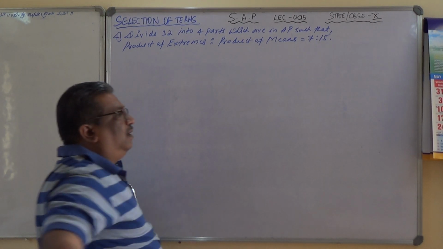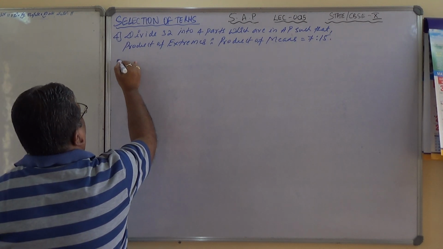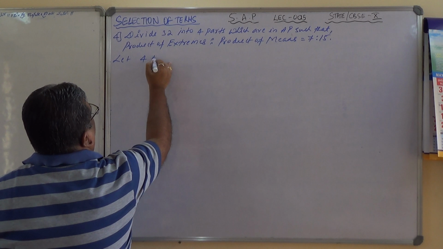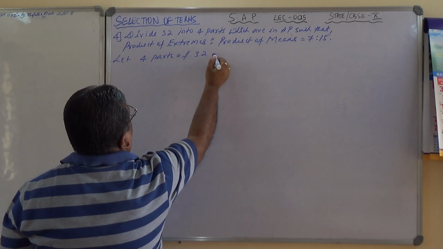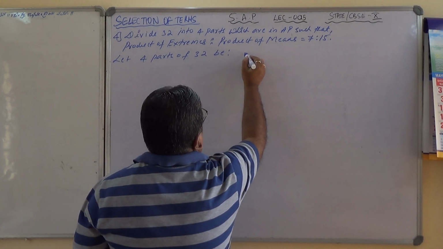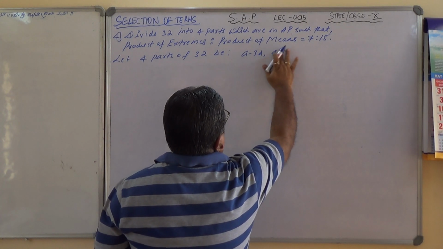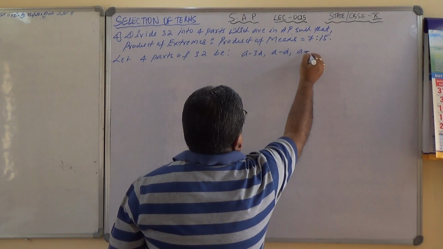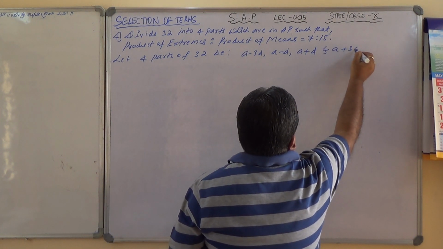So let the 4 parts of 32 be, which are the 4 parts? a minus 3d, a minus d, a plus d and a plus 3d.